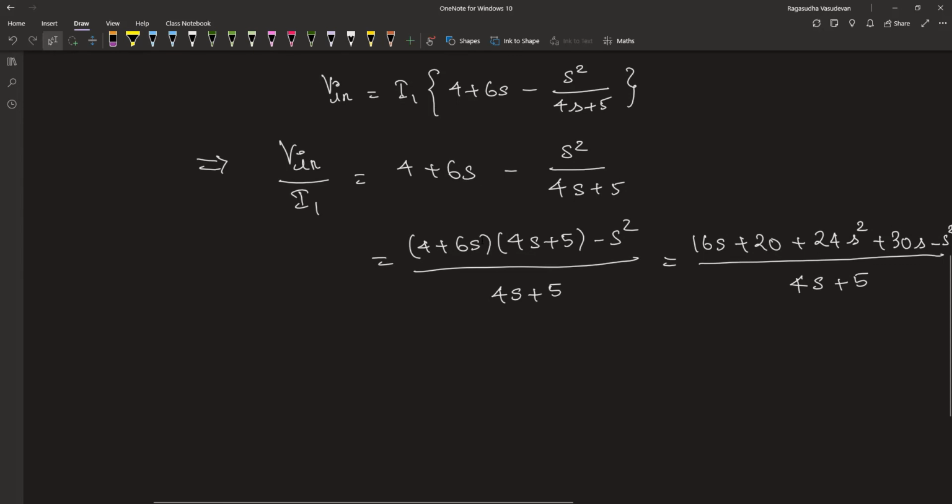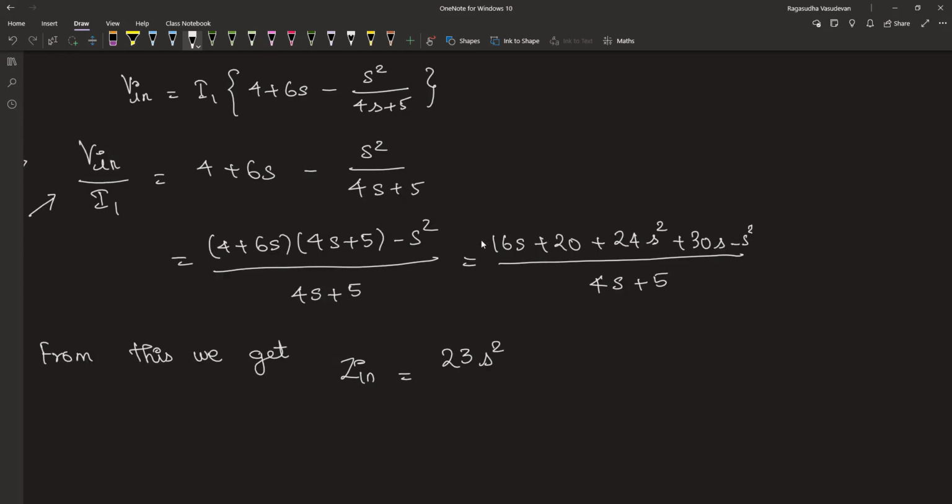Vin by I1 is nothing but the input impedance. So from this we get the input impedance to be 23s square plus 46s plus 20 divided by 4s plus 5.